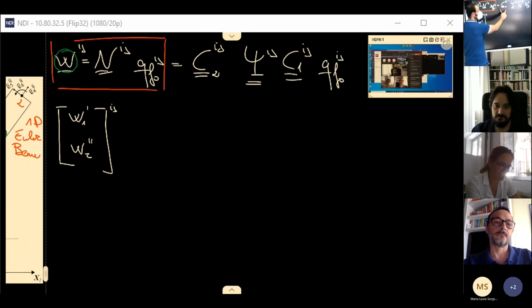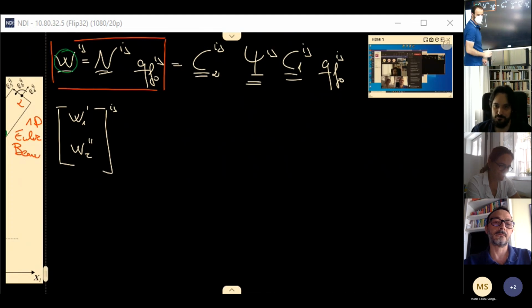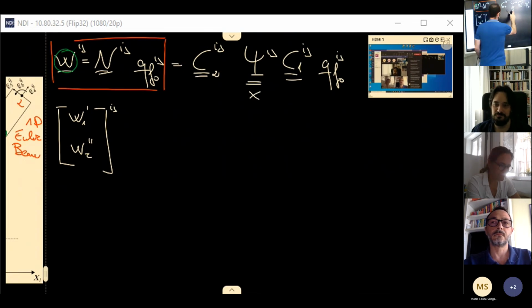Again, in this relationship, which I've already developed, the only dependence on space coordinates is on the relationship integral. So this is to keep in mind. All right. So again, we can write the following.